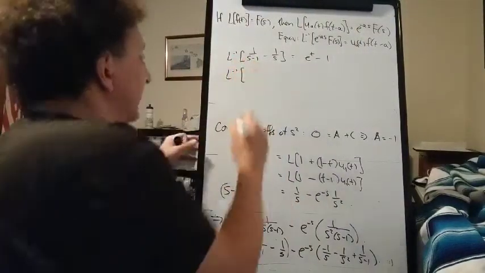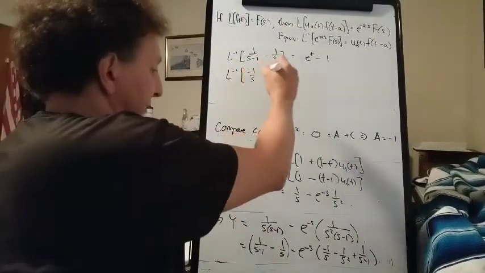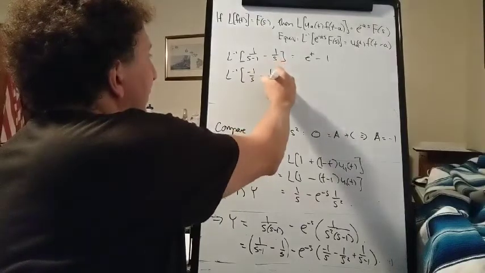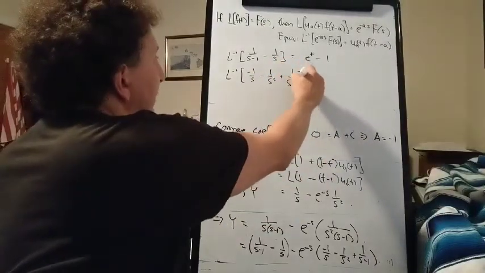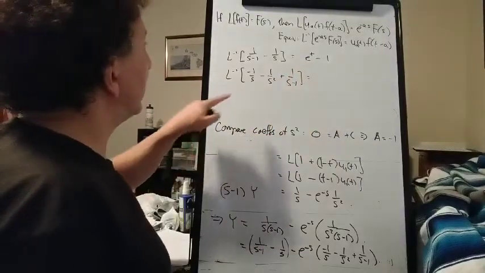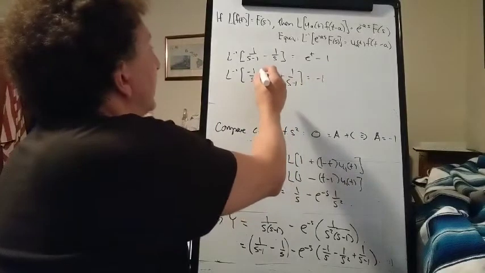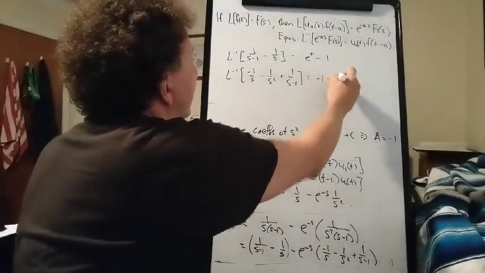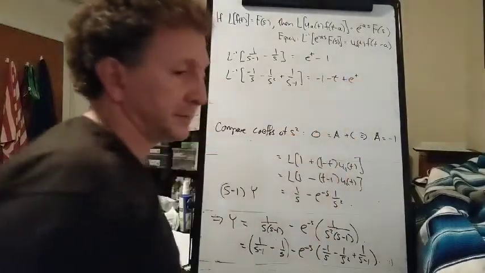And then the inverse Laplace transform of minus 1 over s minus 1 over s squared plus 1 over (s minus 1) equals minus 1, this is minus t, and this is plus e to the t.